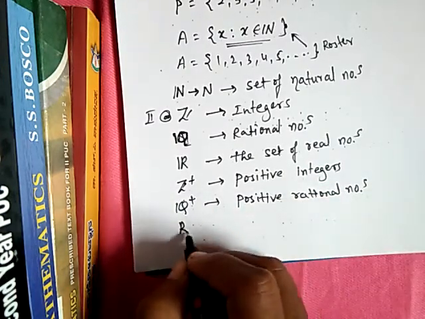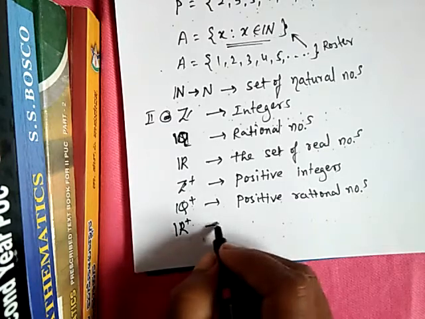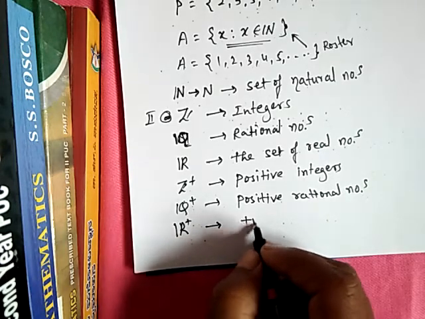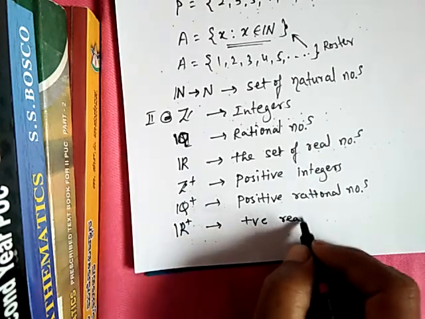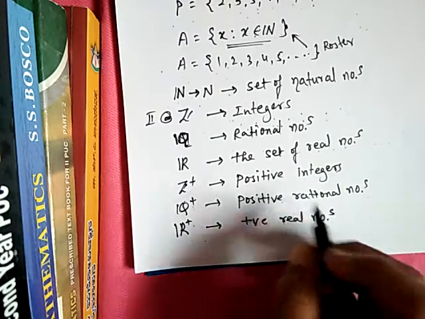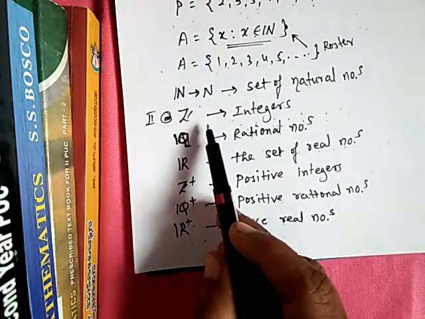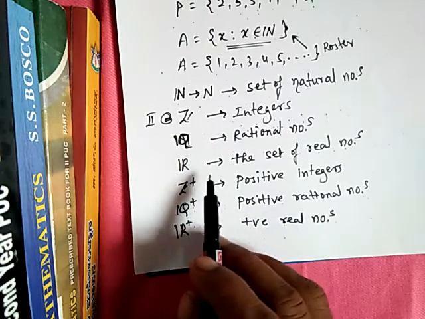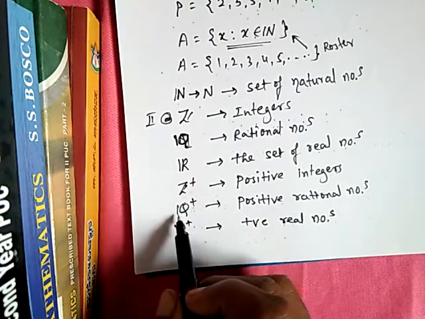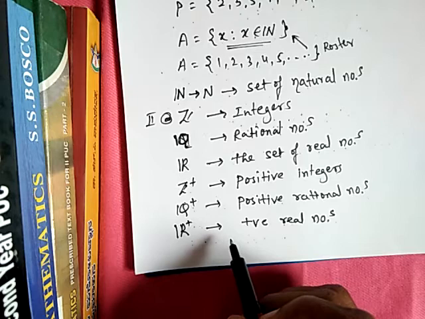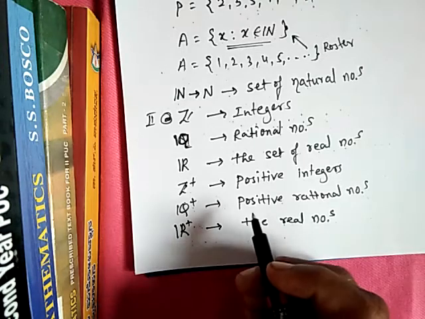You can have R plus also. R plus means the set of positive real numbers. Okay, these all you should remember: natural numbers, integers, rational numbers, real numbers, positive integers, positive rational numbers, positive real numbers. These are all very important. Okay, thank you.